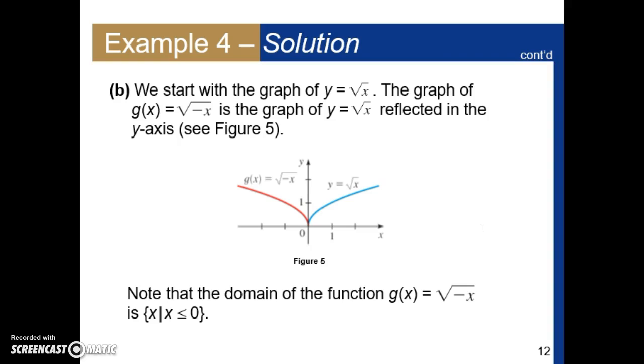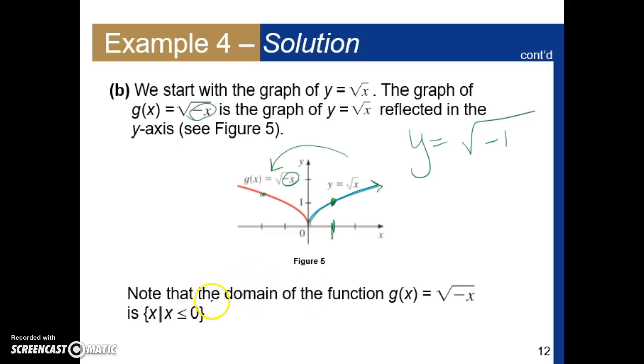When I put the negative inside the function machine, right here, like is done here, it takes that parent function and it says every positive input value that you put in there, let's say you put in 1, we're going to now put in -1, and this is what the output would be. And then we're going to put in -2, and so on. So when we put negative values in there, it reflects it right over the y-axis.